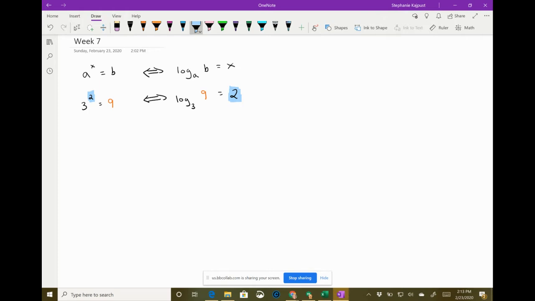So most of the time we have 2 different types of logs. We can have anything as a base, and that's basically just saying, okay, that's my number underneath the exponent. But we have 2 very common ones.